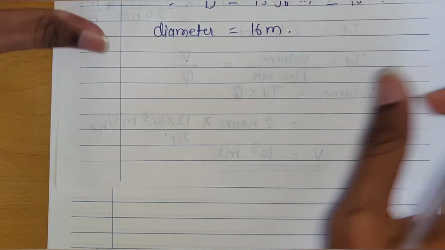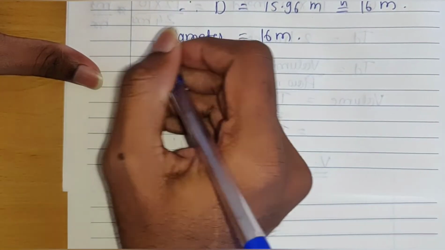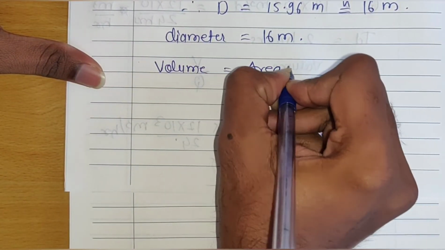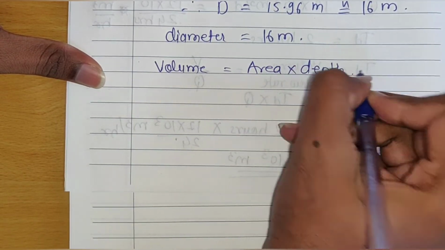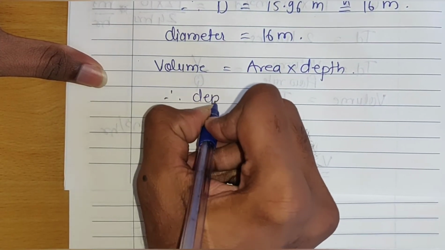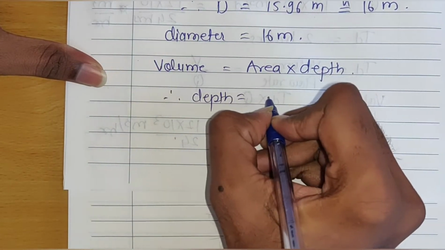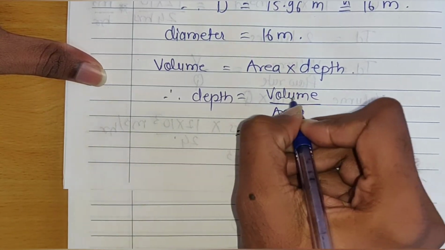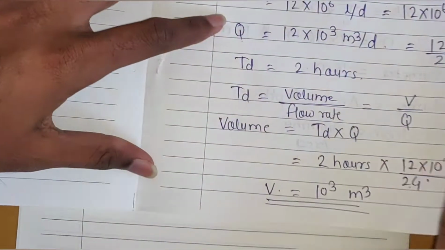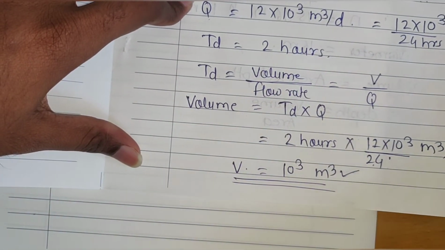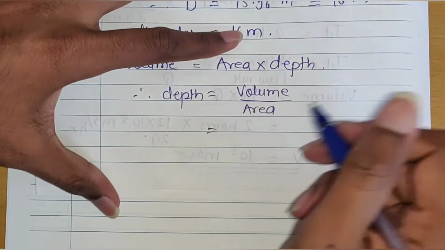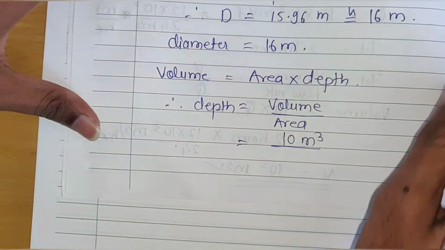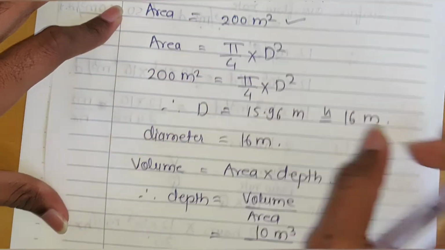Now we have to find the depth. So volume is equal to area into depth. Therefore depth is equal to volume upon area. The value of volume is 10 raised to 3 meter cube, and the area is 200 meter square.